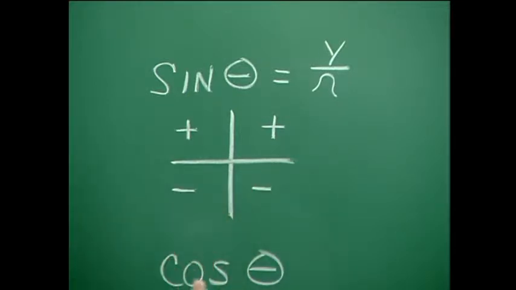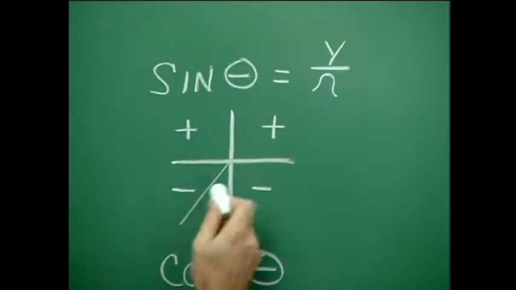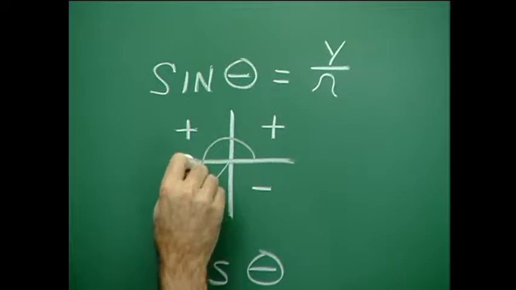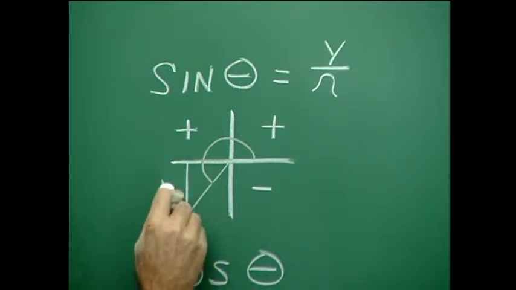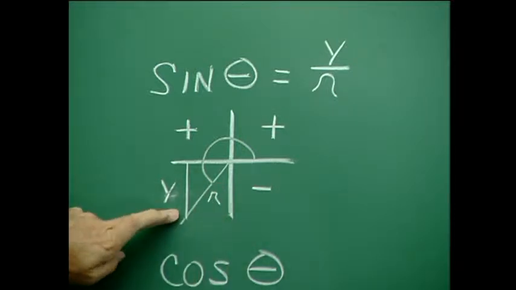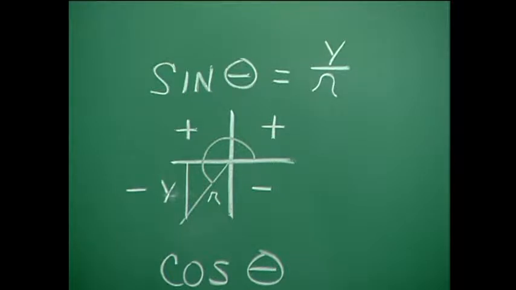And let's understand why, because it's y over r. In a quadrant down here, for example, we're talking about a y distance that is negative over the r that is always positive. So in these two quadrants, we have negative values for the sine of theta.